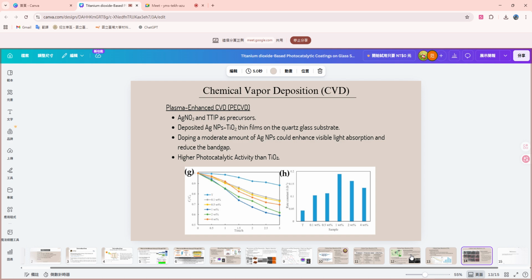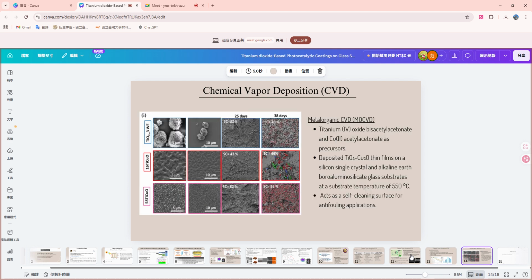Next, metal organic chemical vapor deposition. Titanium oxide acetylacetonate and copper acetylacetonate as precursors at a substrate temperature of 500 degrees.